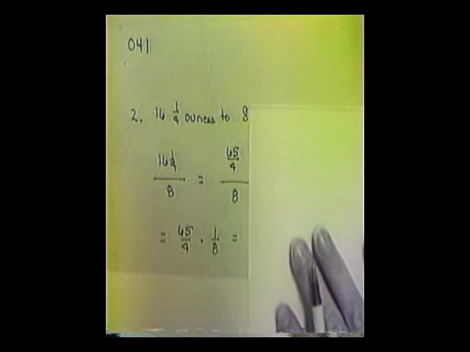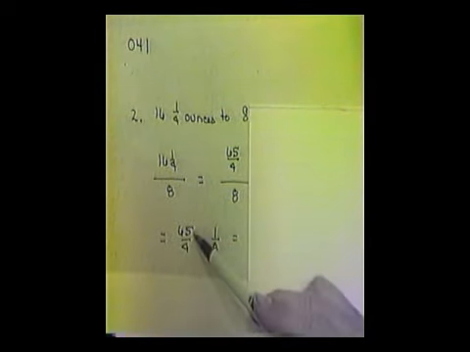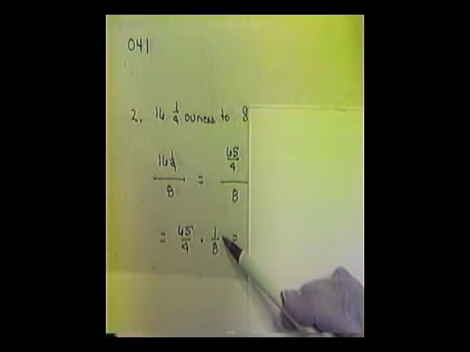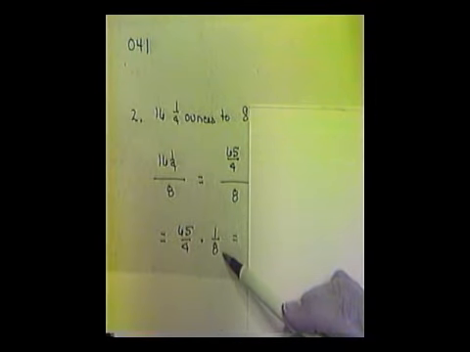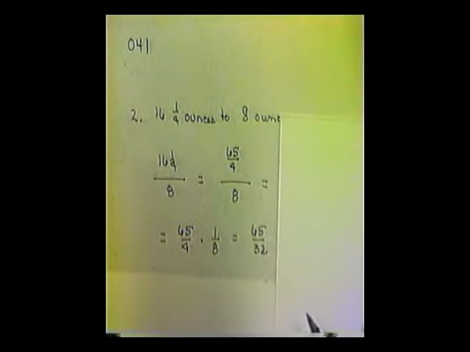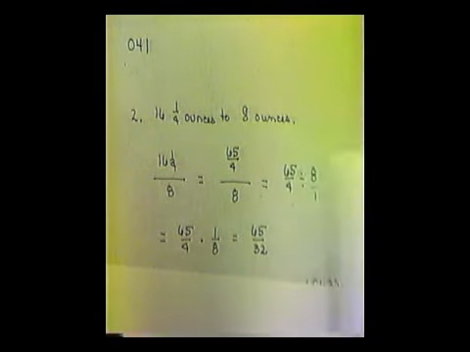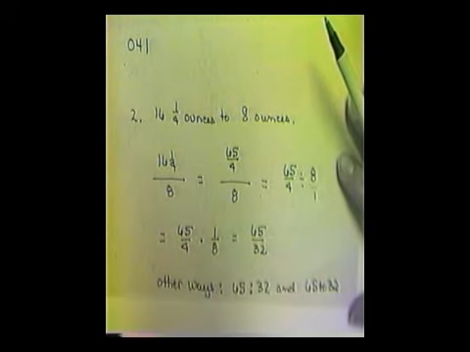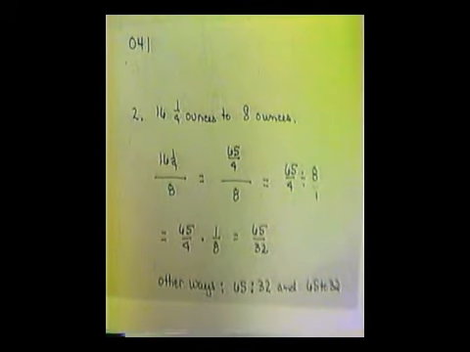And now we can make a multiplication problem out of that and get 65 over 4 times the reciprocal of 8 over 1, which is 1 over 8. This will not reduce, nothing will cancel, so we get an answer of 65 over 32. And then the other 2 ways we can write this is with the colon, 65 to 32, and of course in words, 65 to 32.